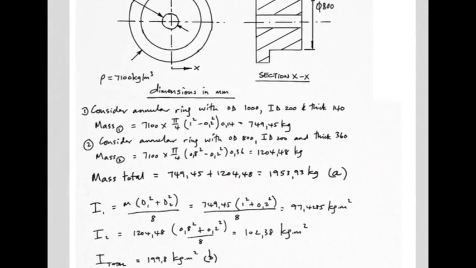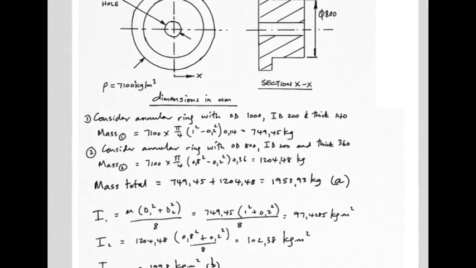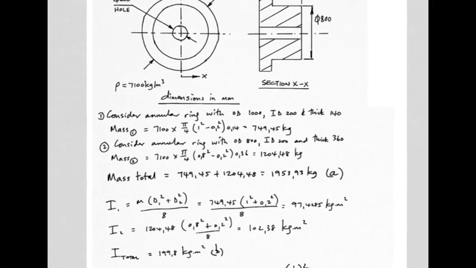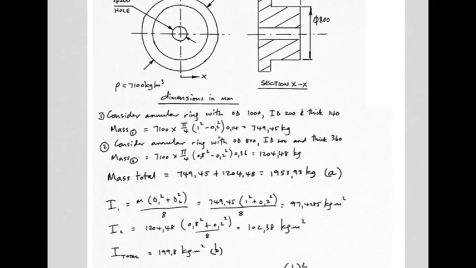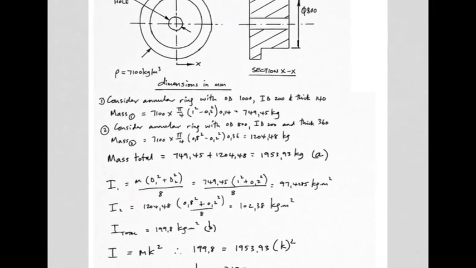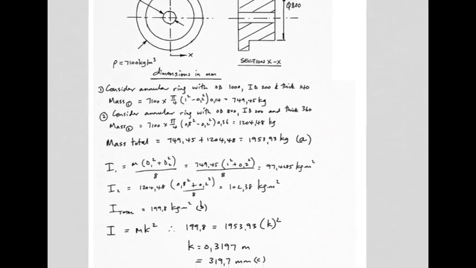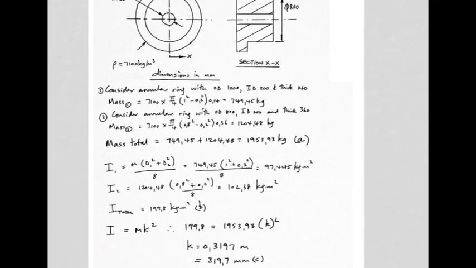The I of each piece is worked out in the same fashion as the last example, 97 and 102 kilogram meters squared. They may be added because they are both about a common axis. And you can then find the radius of gyration of this entire rotating object at 319.7 millimeters.